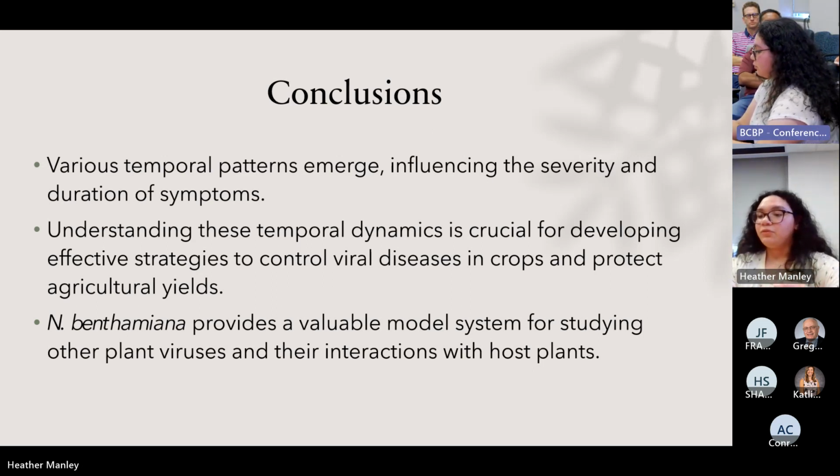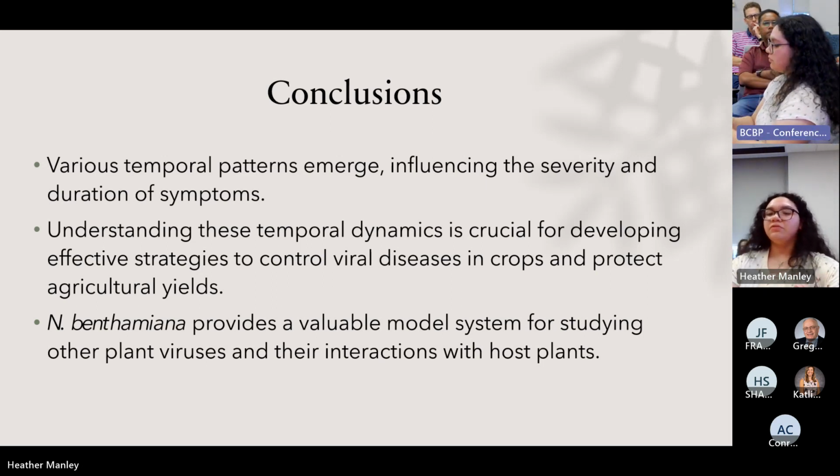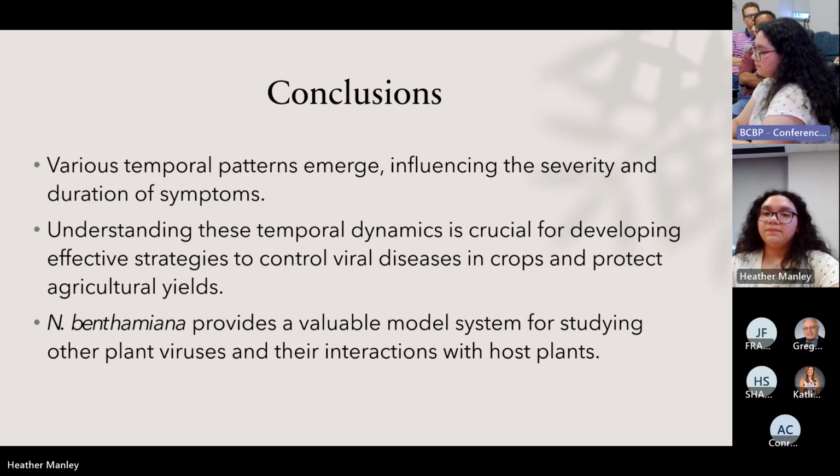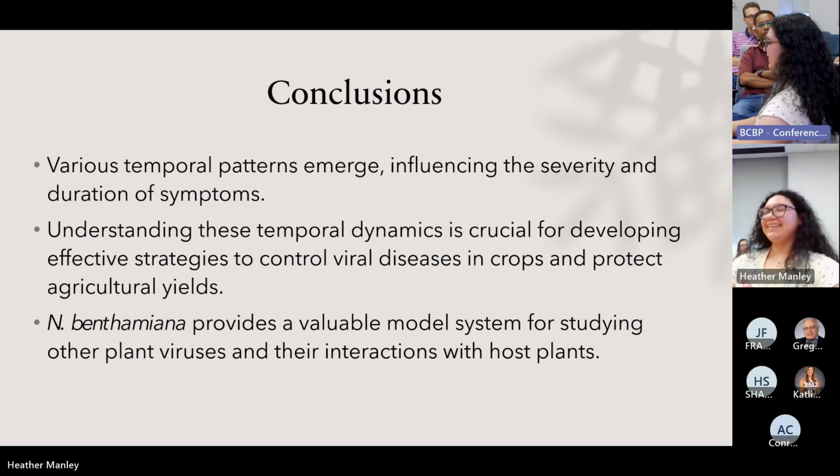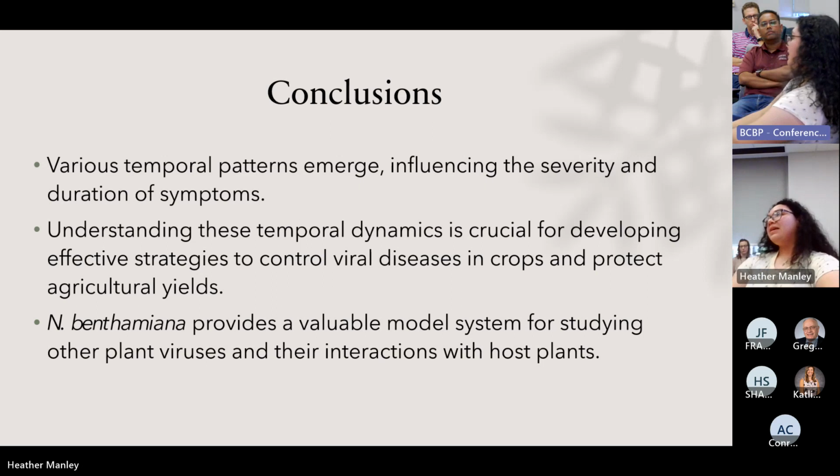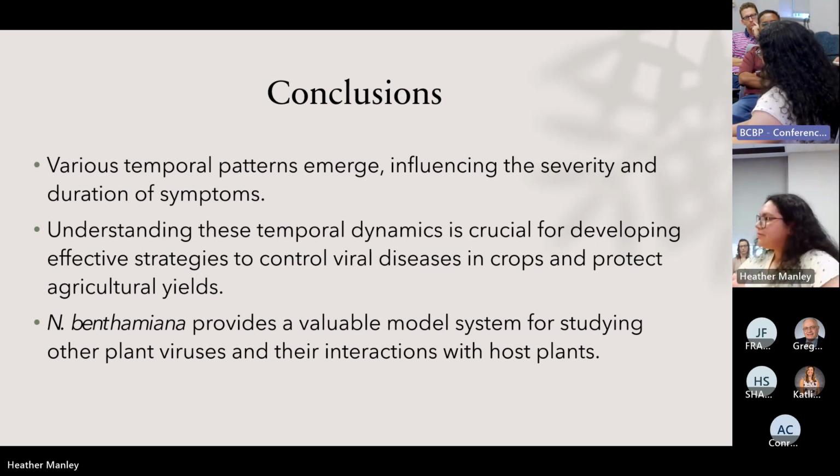Since they're both very easy to work with, and the Nicotiana benthamiana is very susceptible to viruses, it's been used in research because it can transfer the virus cell to cell, it can cause damage to a lot of agriculture, like crops.